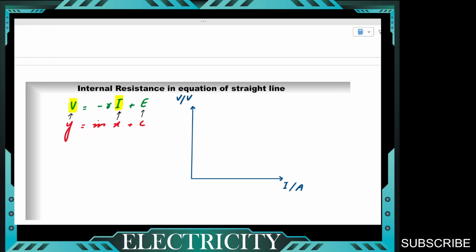So gradient is negative, which means the line slopes downward. It will start off with the maximum value and then it will keep decreasing and decreasing.